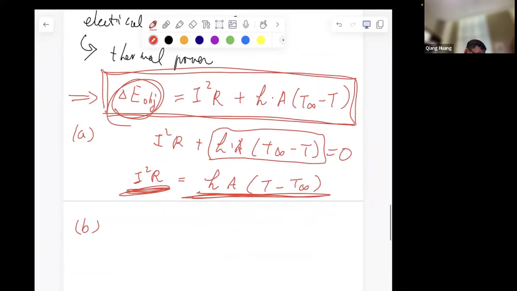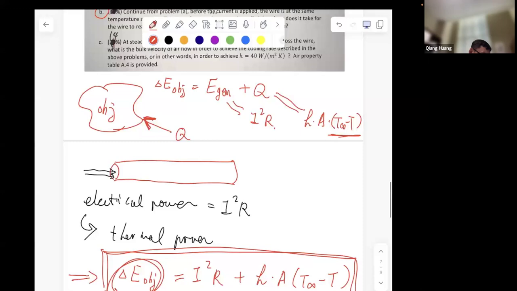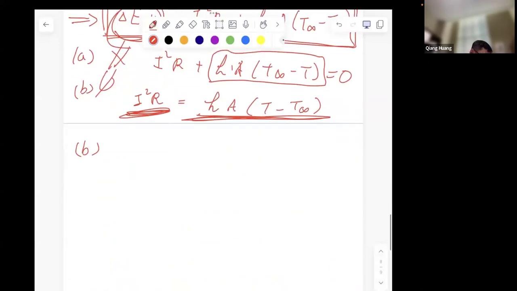And now the second problem is the case where the left side is not 0 anymore for part B. So the change of the object's thermal energy, any object, okay? So I still draw an object.